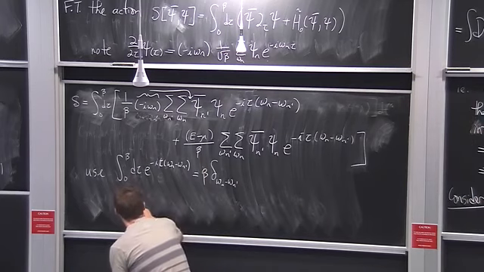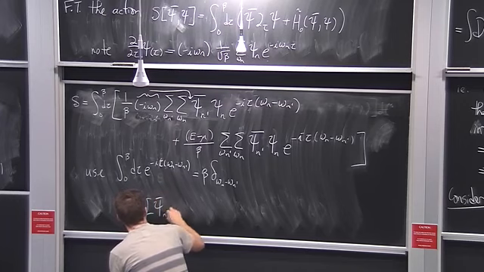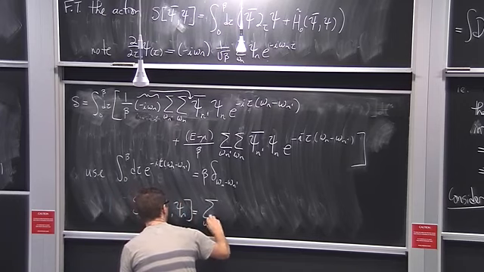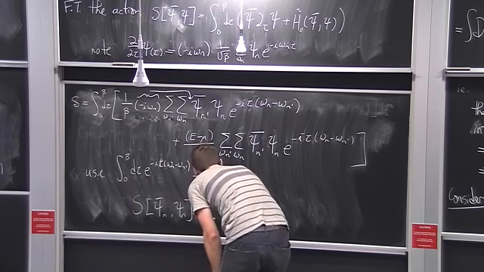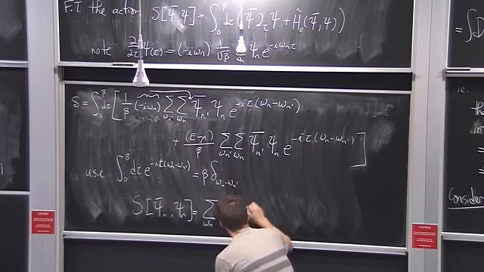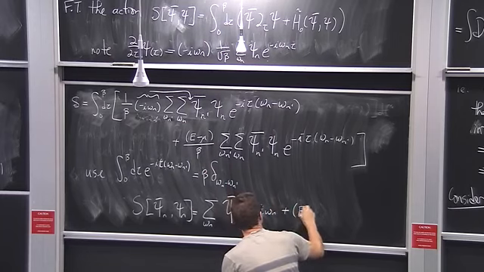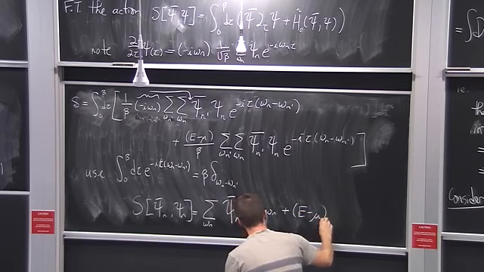So then the action written in terms of the Fourier modes of the field, there's still one sum. It's often written like this, and then it's minus I omega n plus the piece from the Hamiltonian.